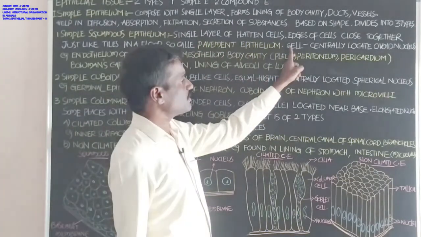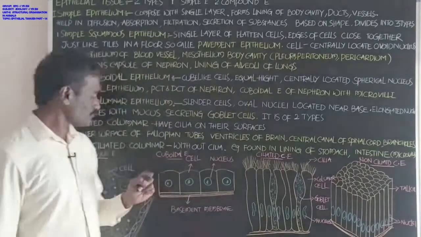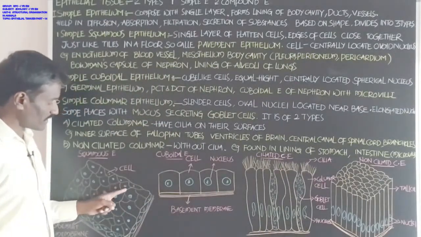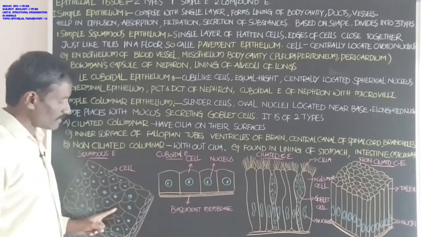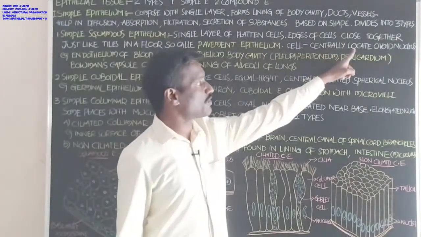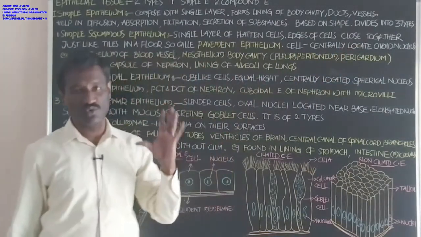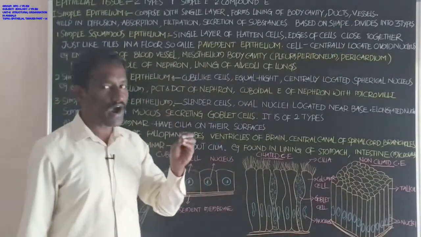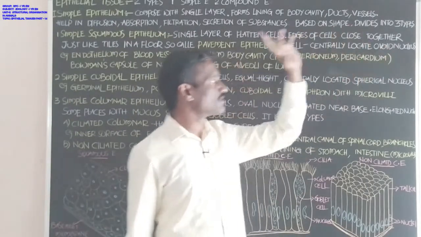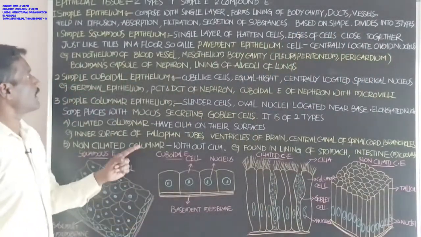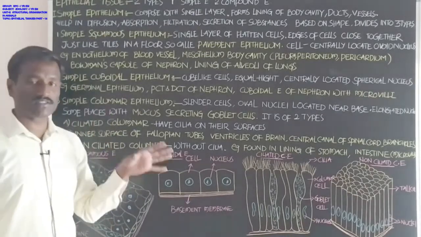If you observe each cell, students, each one has a centrally located ovoid nucleus. Where is it present?